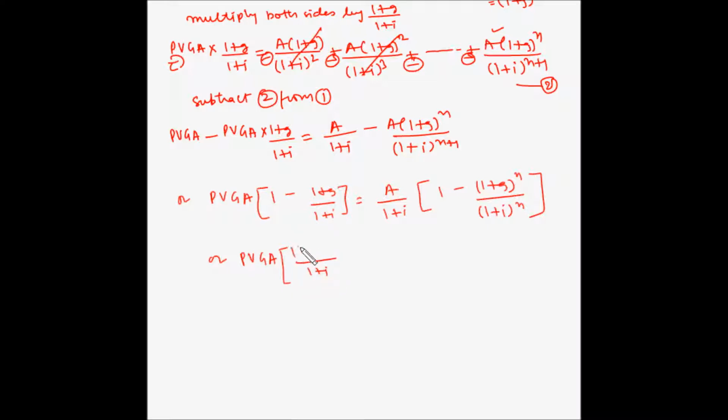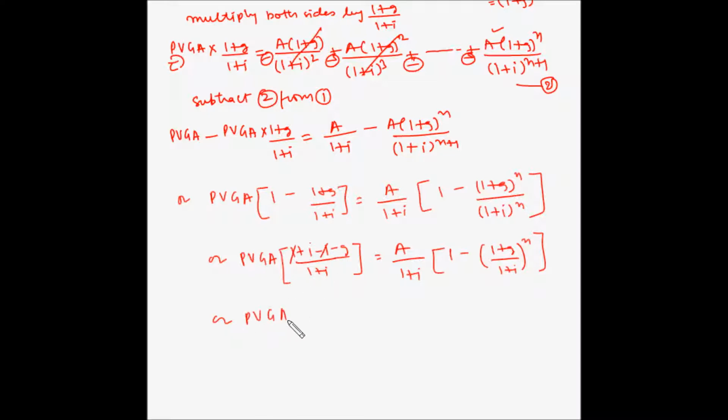So this becomes 1 plus i minus 1 minus g is equal to A divided by 1 plus i into 1 minus 1 plus g divided by 1 plus i to the power n. Or this 1 gets cancelled with this 1.